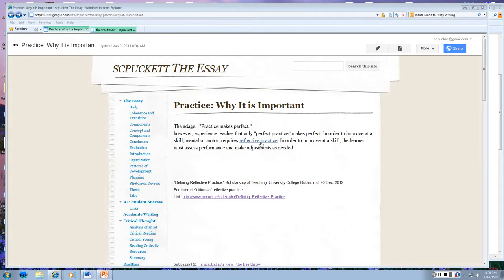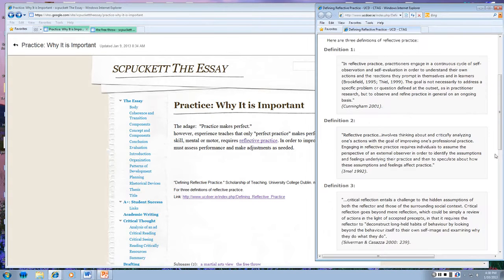If you click on the link here to reflective practice, you'll find these definitions. A reflective practice means that we evaluate or assess, determine what we're doing well, what we're doing poorly, and make the necessary adjustments. Unless we do that, we simply keep doing things wrong.